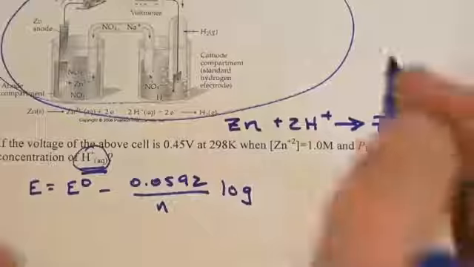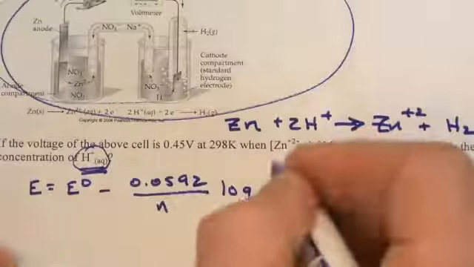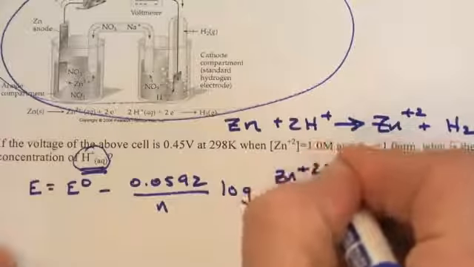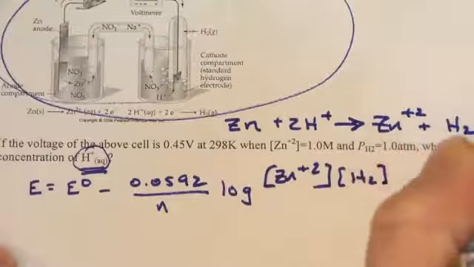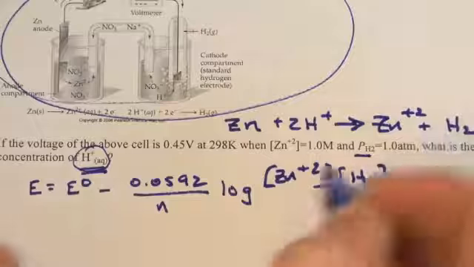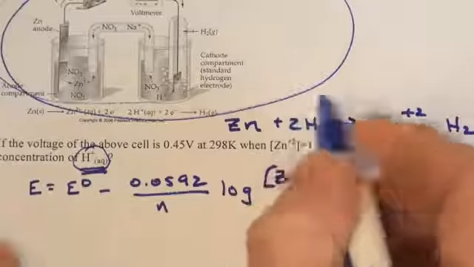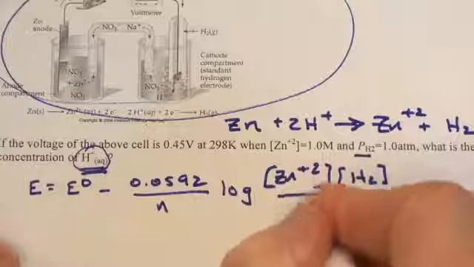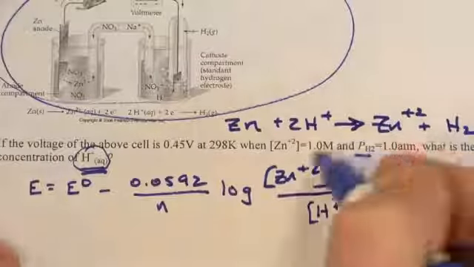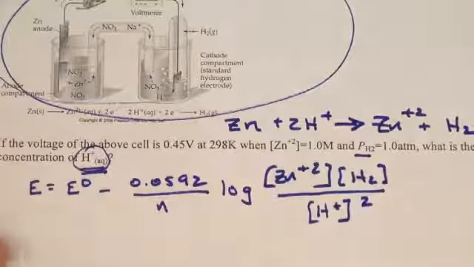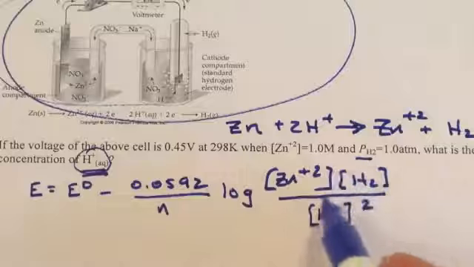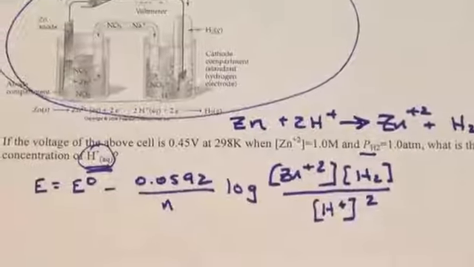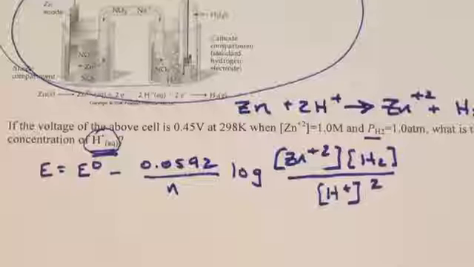And if we look at this, our Q then would be products, zinc positive 2 times hydrogen, which is a gas, so it will have a pressure, divided by our reactants, which is H+, but remember, you're going to have to square that. And here's a good example of where an equilibrium constant expression, in this case Q, because it's at non-standard conditions, has pressures and concentrations in it at the same time. And it's legal to have those. That's the way that works out.